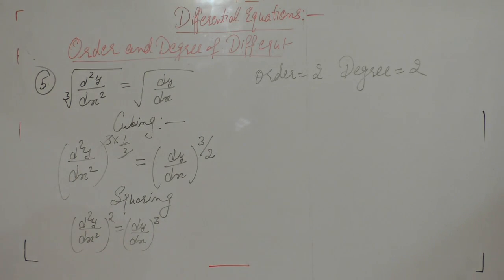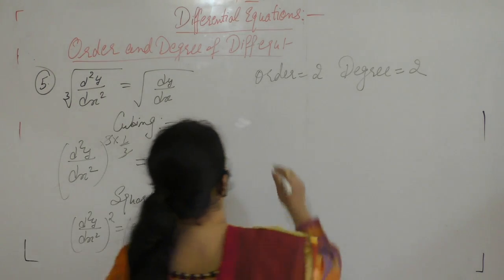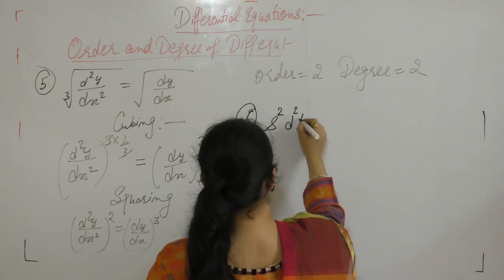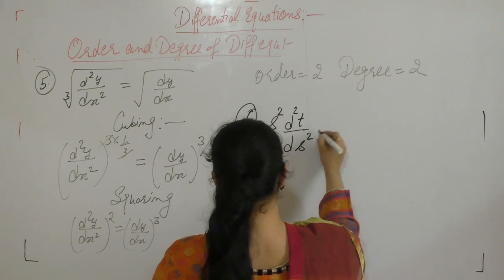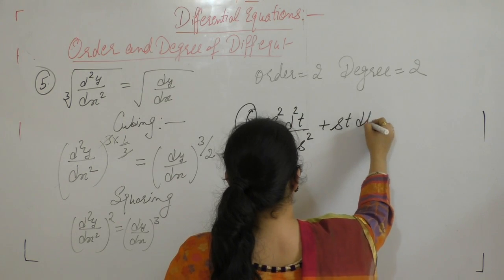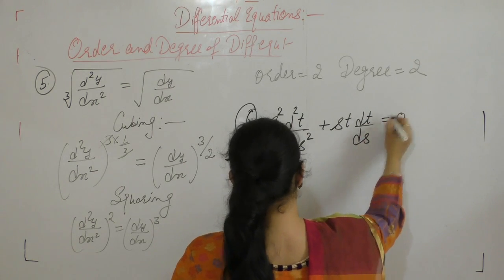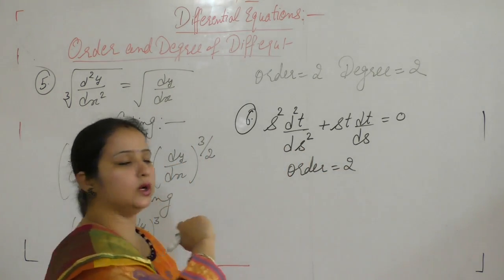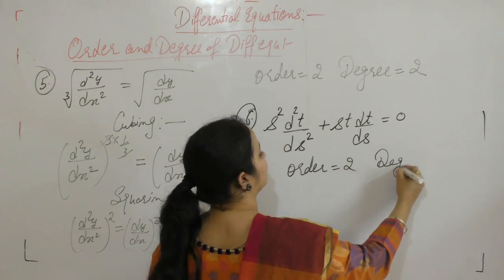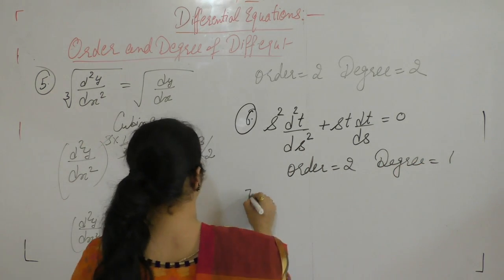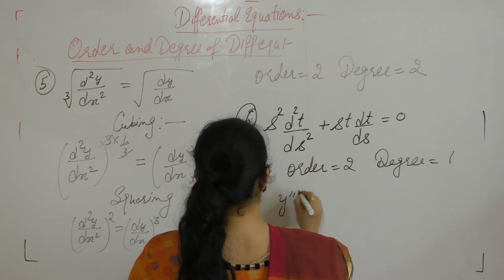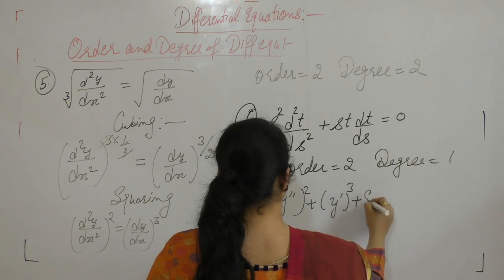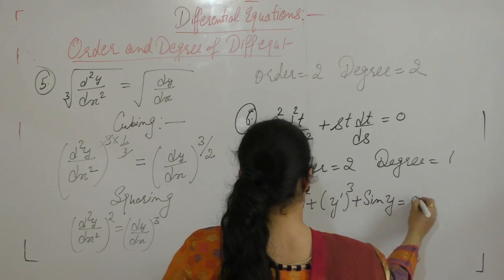Now the next question is s square d square t upon ds square plus st dt upon ds is 0. Here highest order derivative is of order 2 and power of highest order derivative is 1. Next: second order derivative square plus first order derivative cube plus sin y is equals to 0.